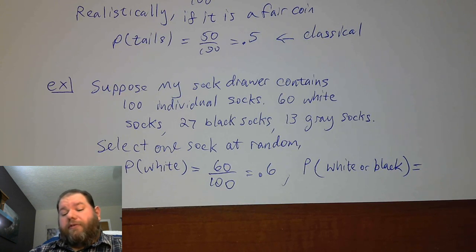What do you think we would do with the numbers in that scenario? Yeah, we know this. It's 60 out of 100 for white and 27 out of 100 for black, but what if we combine those together? If we want white or black, it could be any of those how many socks? 87, good.